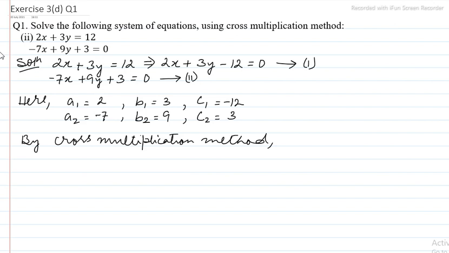Now the cross multiplication method formula is x upon b1 upon b2 upon c1 upon c2, which is equal to y upon a1 upon a2, which is equal to 1 upon b1 upon b2.